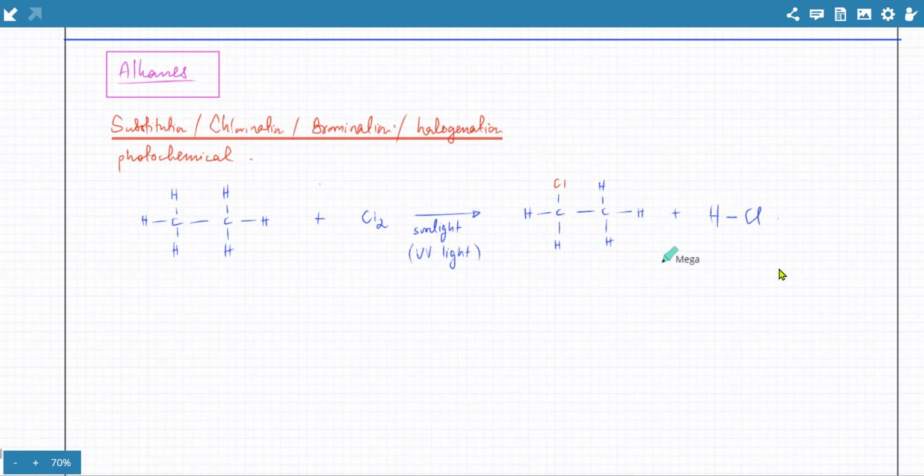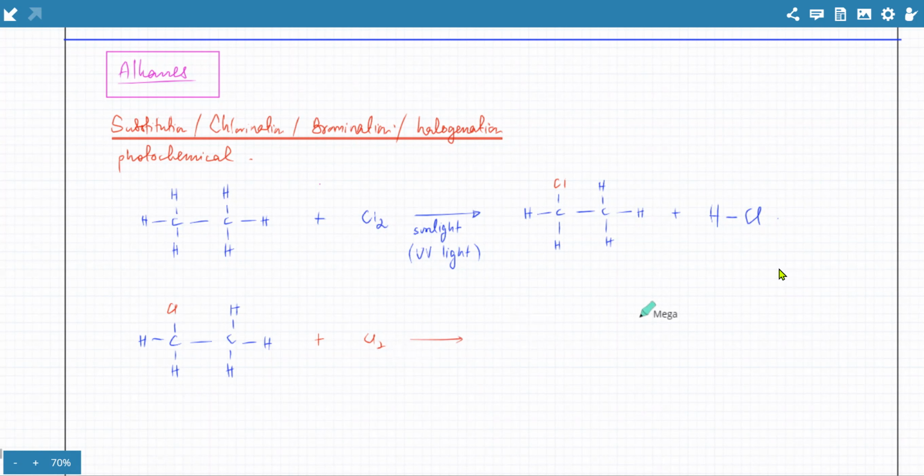And the reaction doesn't really end there. The reaction could continue. Like this molecule still has plenty of hydrogens that can get substituted. So it could be like a chain reaction. I mean, there's one Cl already substituted. You would react it with chlorine again, and there's ultraviolet light present again.